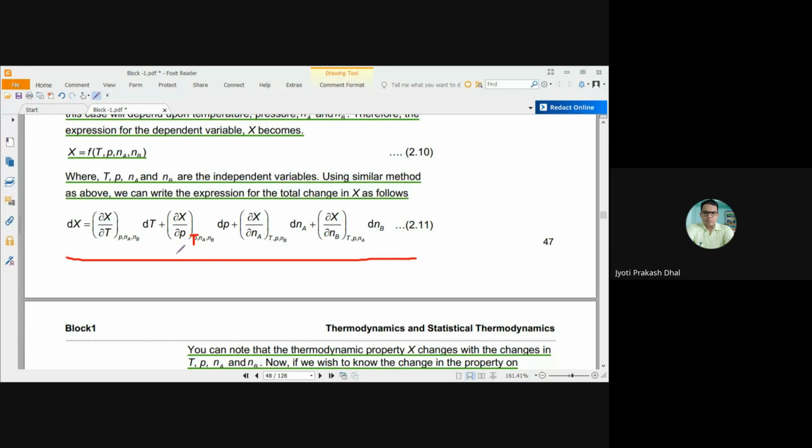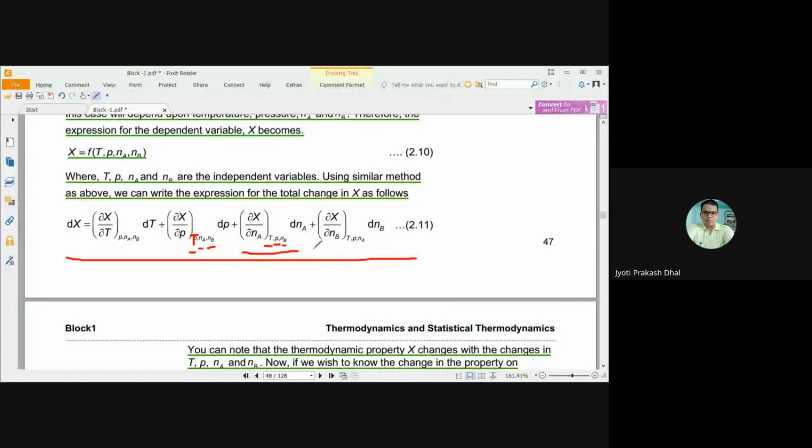So the second term represents the change in value of X with respect to change in pressure, keeping temperature, Na and Nb constant. The third term represents the change in value of X with respect to change in number of moles of A, keeping temperature, pressure, and number of moles of B constant.